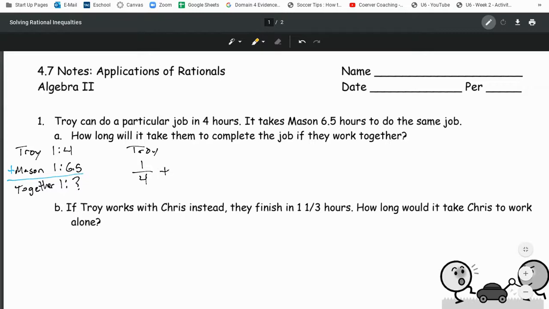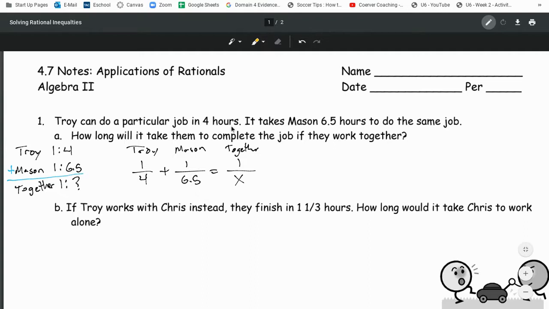And I add Mason, that one job in 6.5 hours, then I want to know how long it is going to take them together. So that's one job in, if I don't know something in mathematics, we use a variable. Most common variable to use is x. So we have Troy plus Mason equals together. And now this looks familiar. It's a problem that we've been working the last few days.